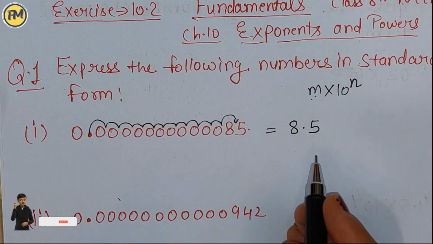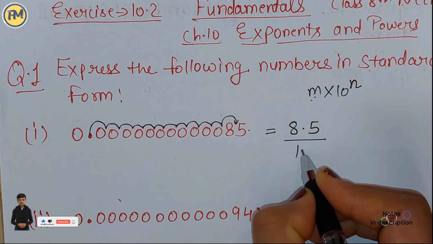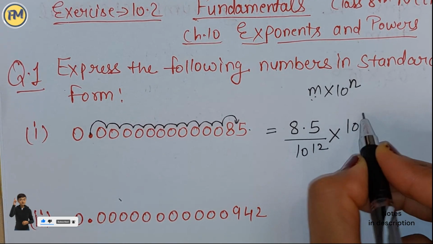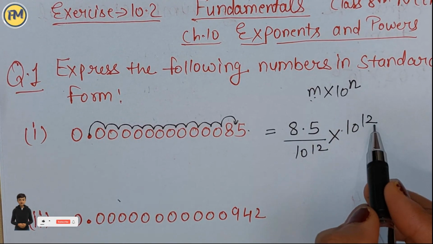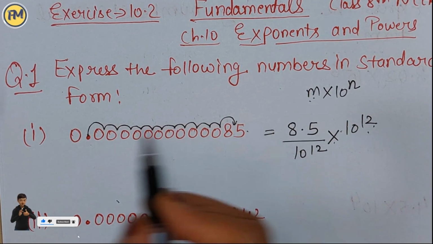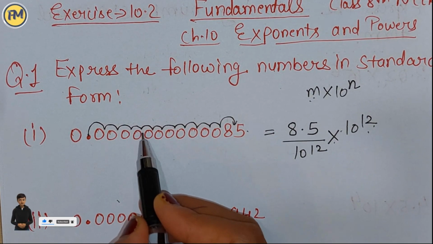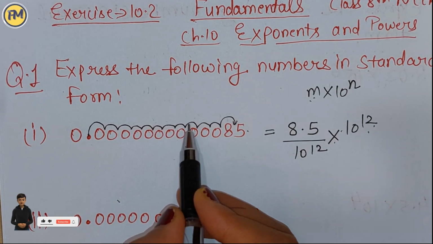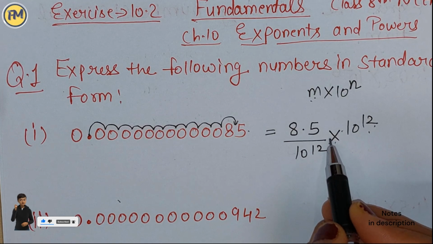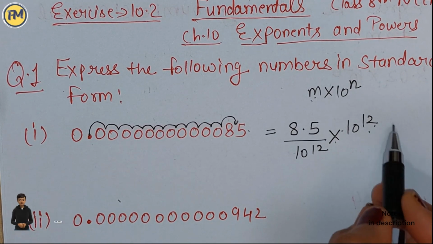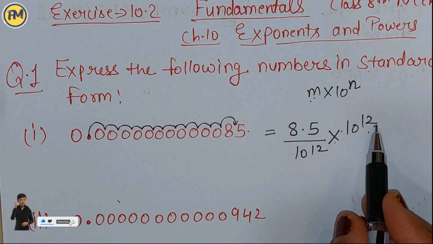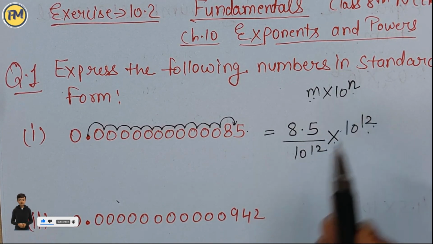So you have to multiply by 10 raised to the power 12, because it is 12 steps. There is no need to write 0 twelve times; directly you can write 10 raised to the power 12, because we want the number in this form.